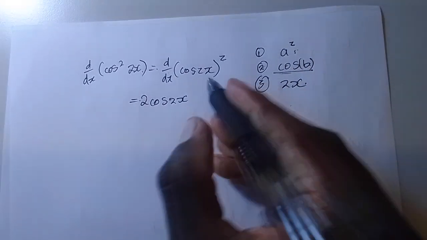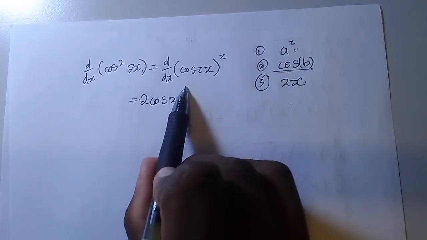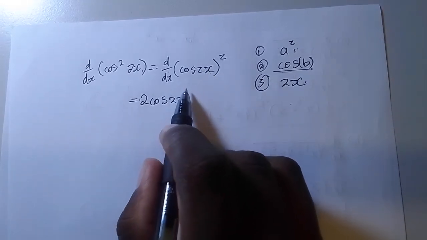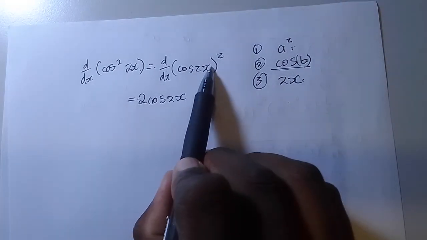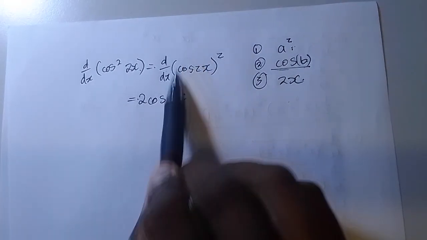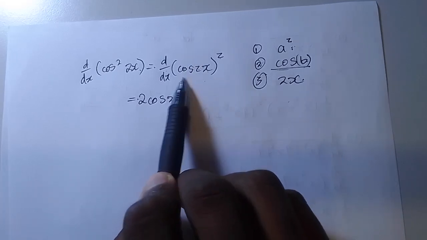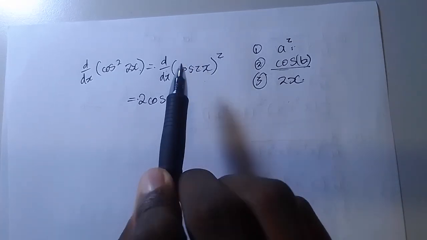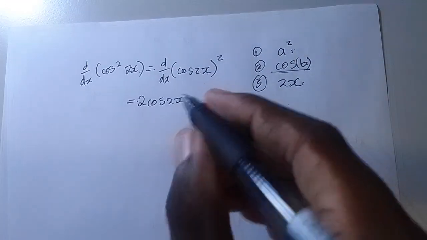No new thing. This is when it gets a bit tricky to know, but it's easy to do. To differentiate the inside function, we have to use the chain rule again, because the inside function has another function within it.